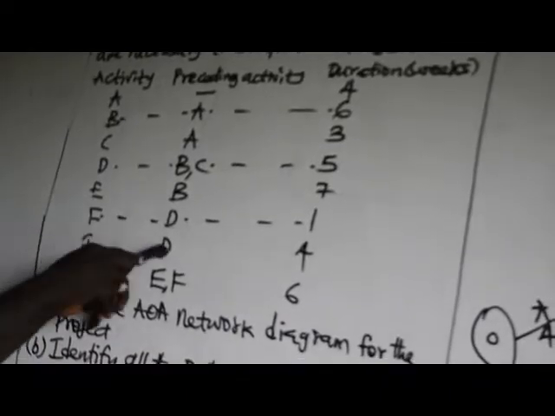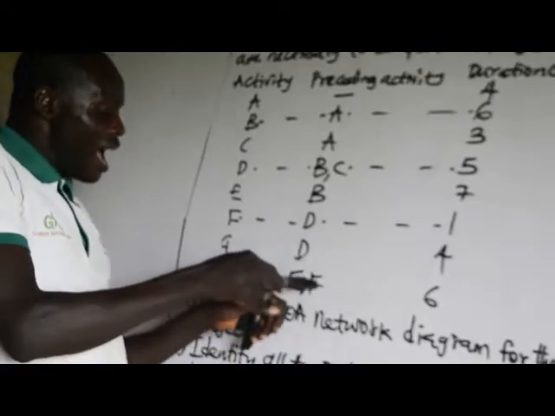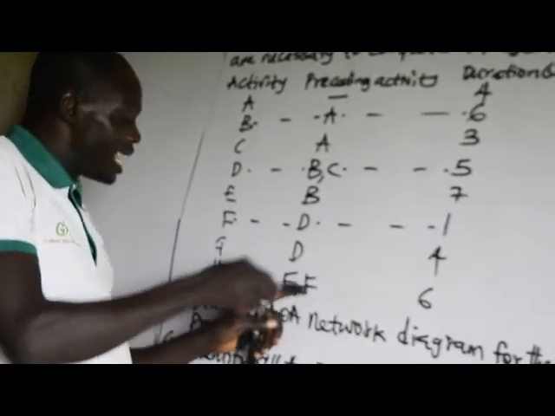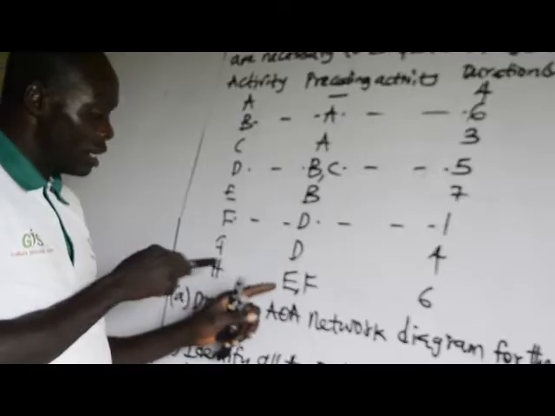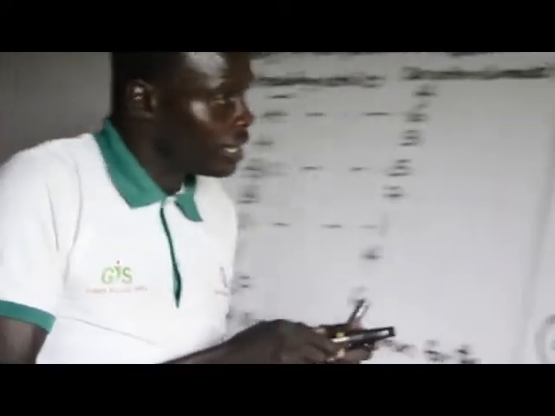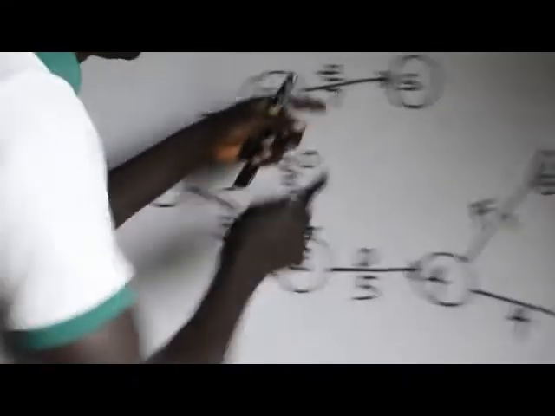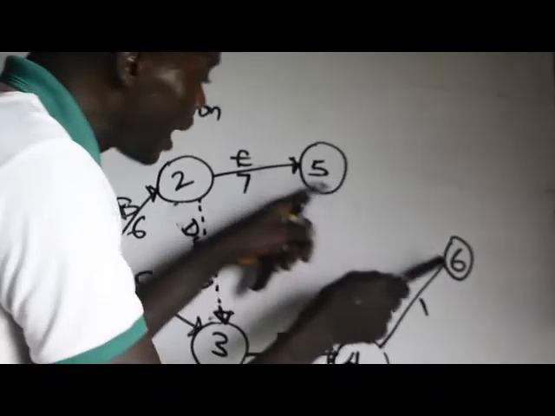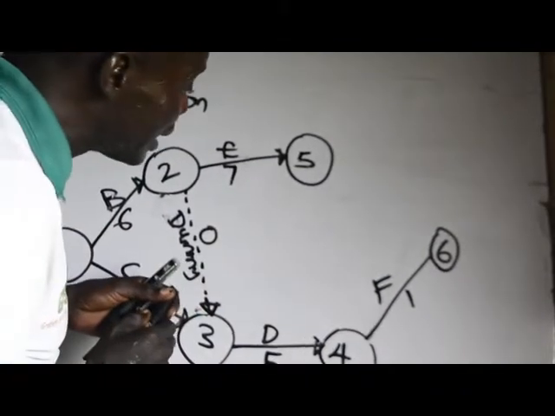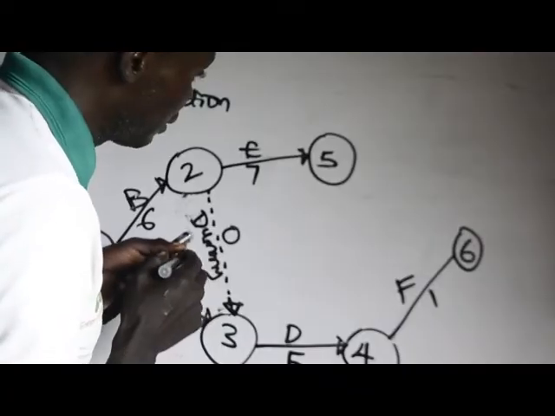Now, with what I am seeing here, E and F have to meet at a point. Now, let's see if both can meet. This is E and this is F. The two have to meet at a point.